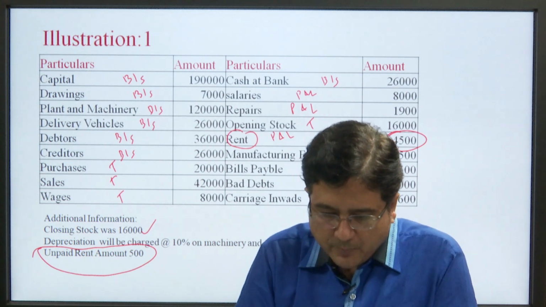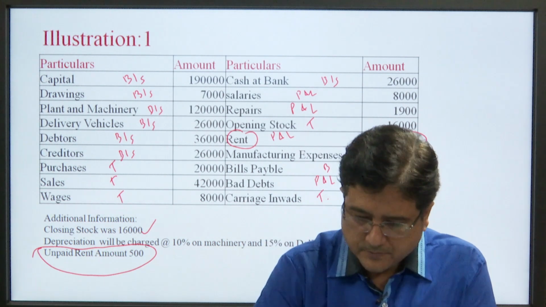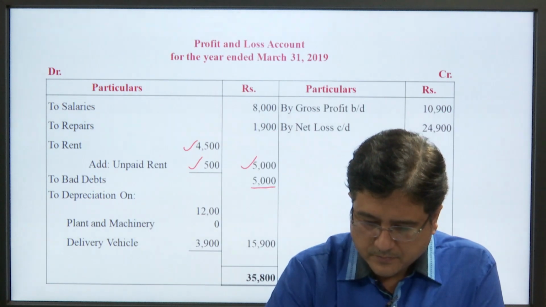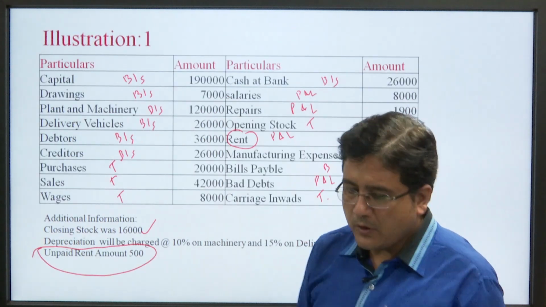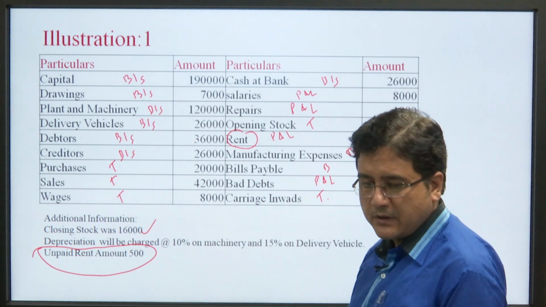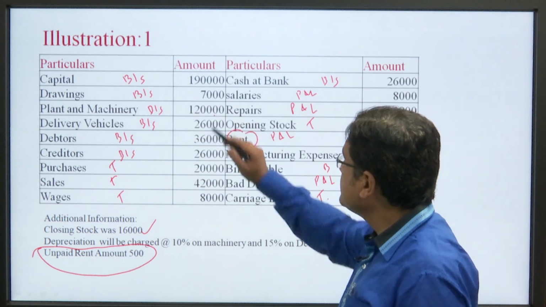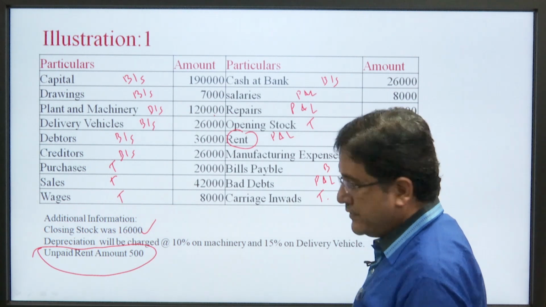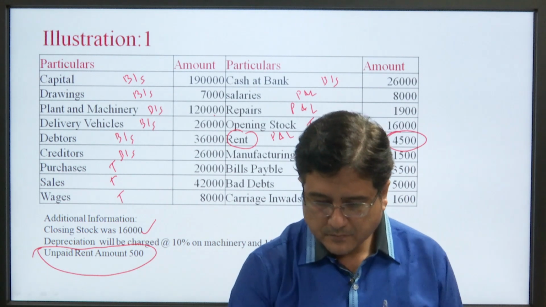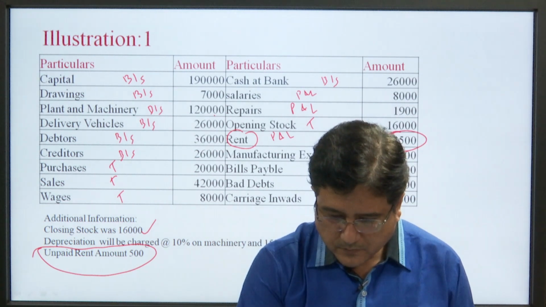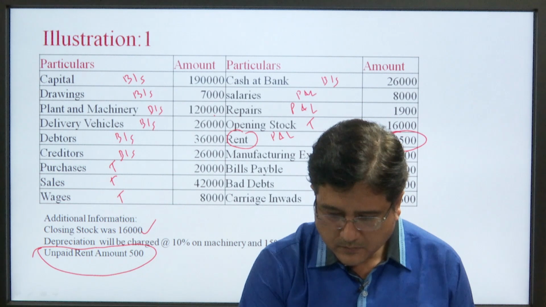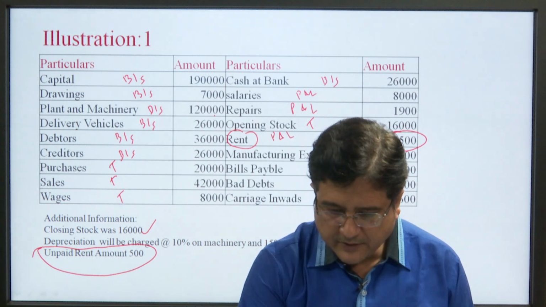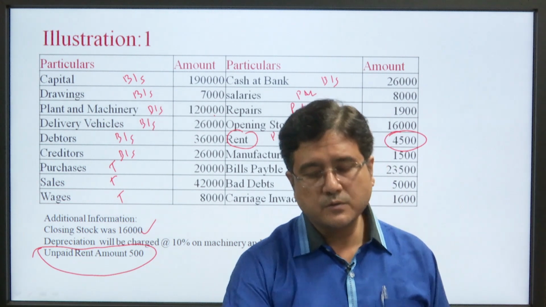So, 10% of machinery; the machine cost is this, and we add the delivery vehicle cost, which is 26,000.